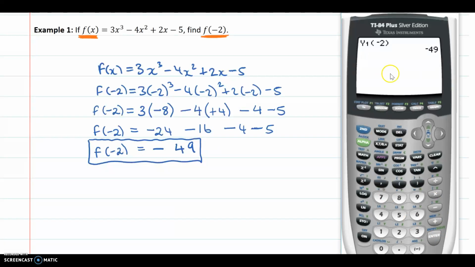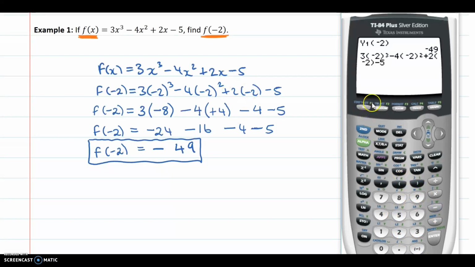Okay. The other thing you could do would just be to enter the equation as we have in the first line of our work. So that would be simply 3 parentheses negative 2 cubed minus 4 times negative 2 squared plus 2 times negative 2 minus 5.